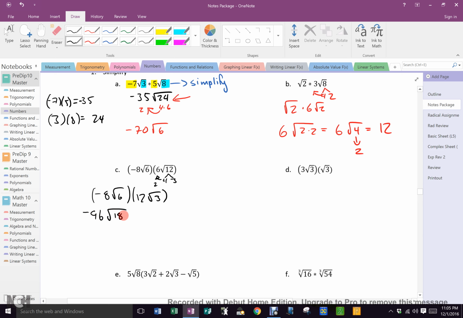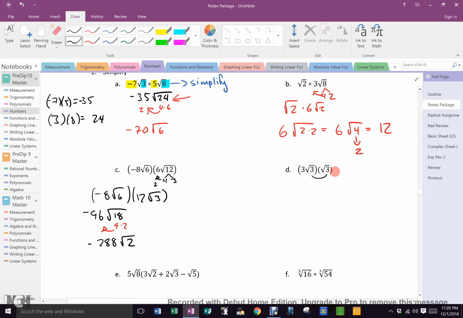Now, of course, 18 is 9 times 2, so out comes a 3, and I get negative 96 times 3 is, oh sorry, 288 root 2.